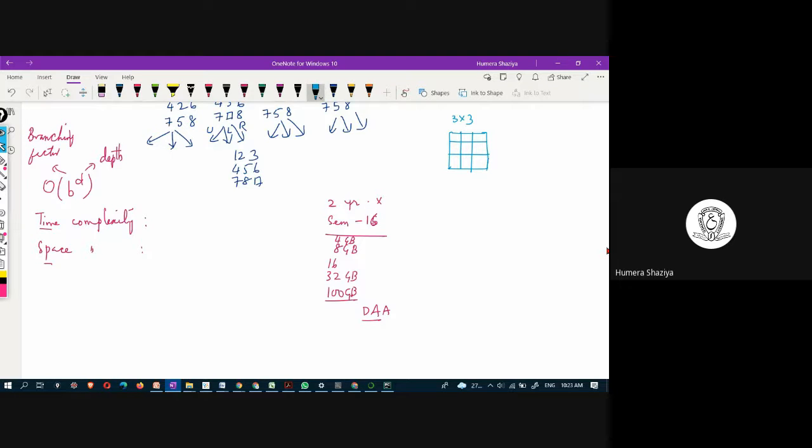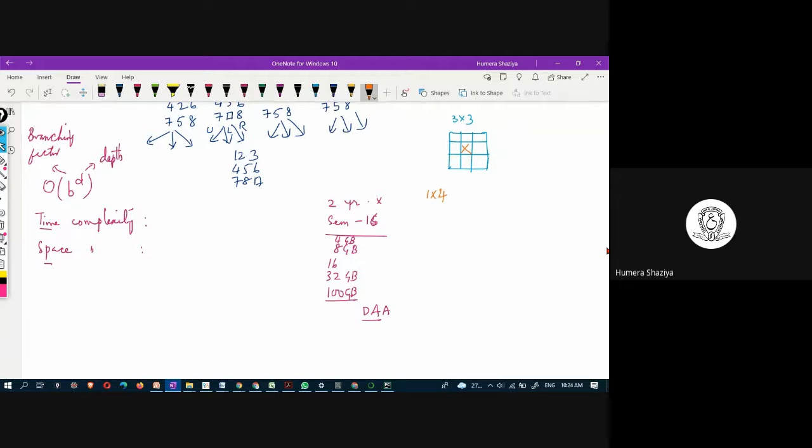How many moves or how many nodes could be generated? If the empty tile is at the center, then we get 4. 4 moves are possible: up, down, left, right. So for one space it is 4 moves.